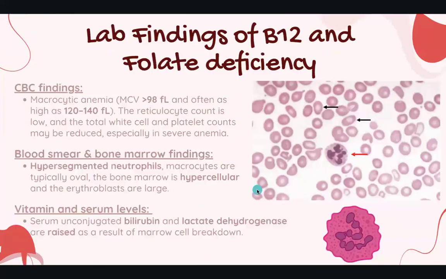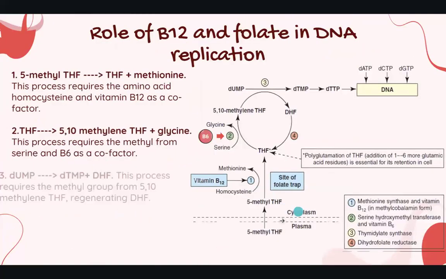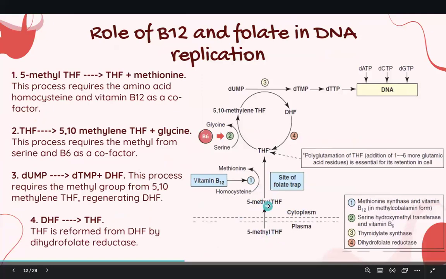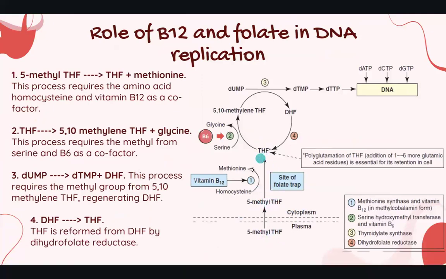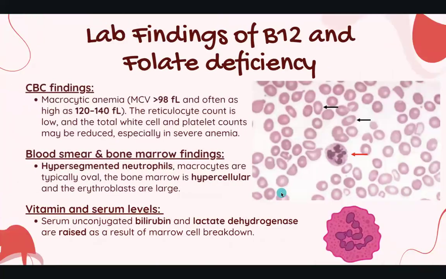If we go back, as you can see here, 5-methyl tetrahydrofolate gets converted to tetrahydrofolate using the enzyme methionine synthase. And as we said, methionine synthase requires B12 as a cofactor. And this is why vitamin B12 is important in the conversion of 5-methyl tetrahydrofolate to tetrahydrofolate. Please make sure you remember this diagram, guys. It's so important.